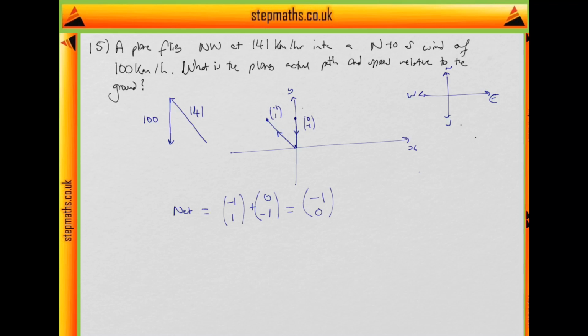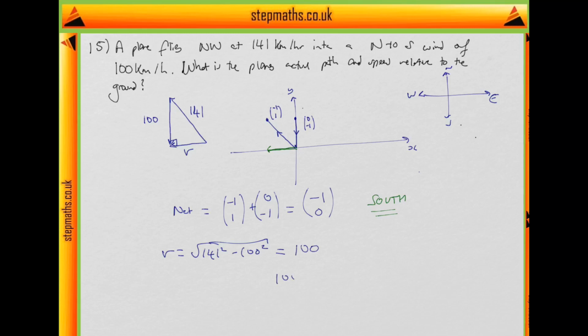So that corresponds to moving in this direction here. And what's the magnitude of that? Well, clearly we now have a right angle triangle, so our speed v will be equal to the square root of 141 squared minus 100 squared, which is 100.